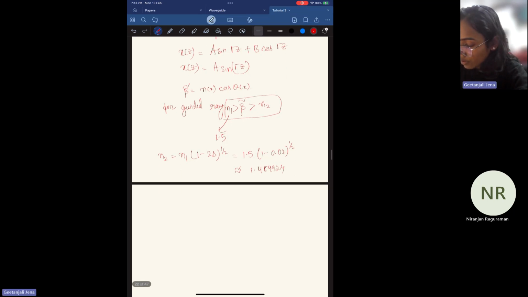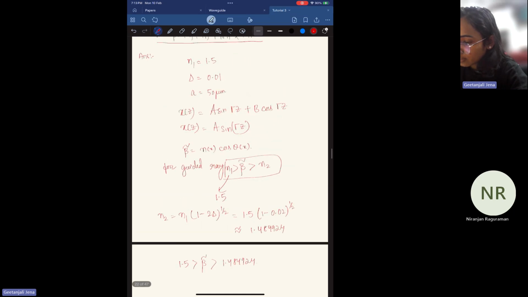So for a guided ray, beta tilde should lie between 1.484924 and 1.5.